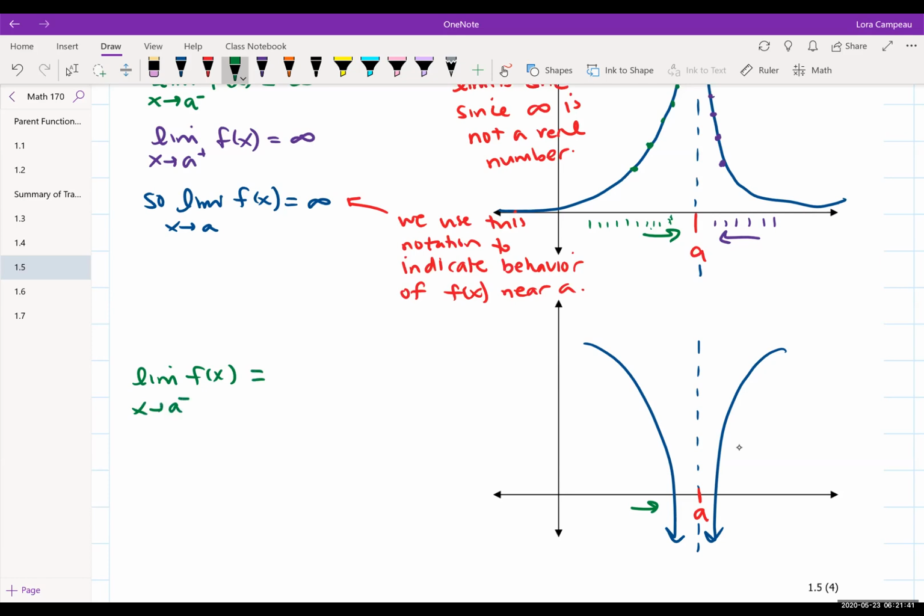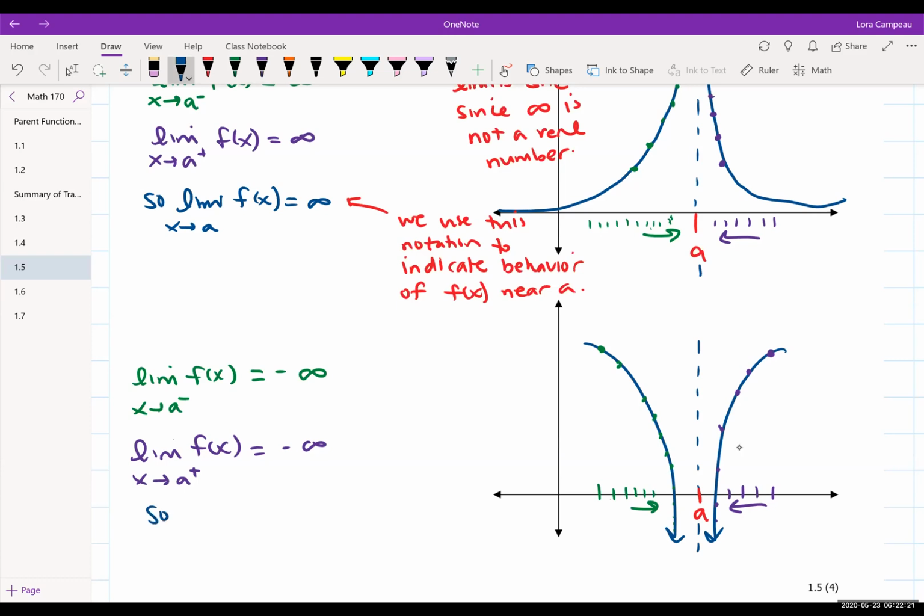It looks like the y values, as we are getting closer and closer to a, these x values are making these y values get really, really small, and they actually are approaching negative infinity. And similarly, an approach from the other side, if we're looking at corresponding y values for all these x values as they get closer to a, it looks like they are also getting closer and closer to negative infinity.